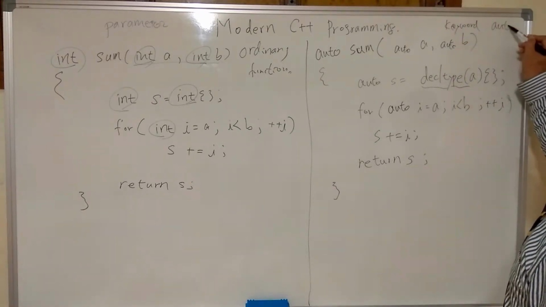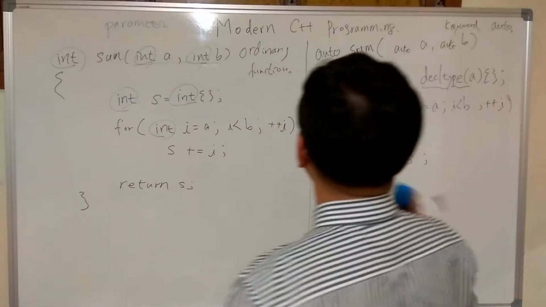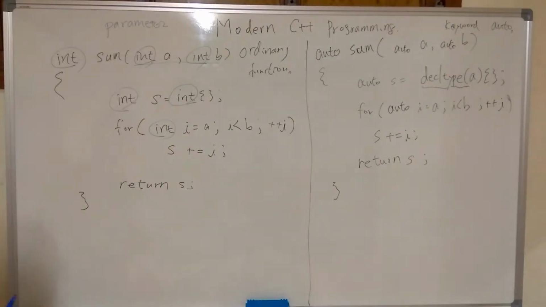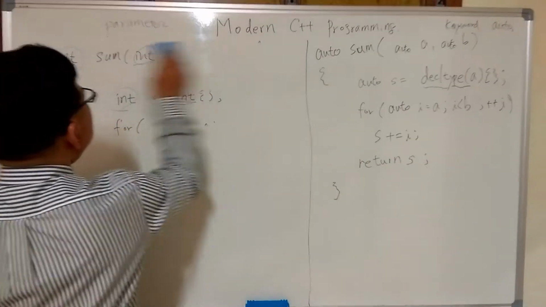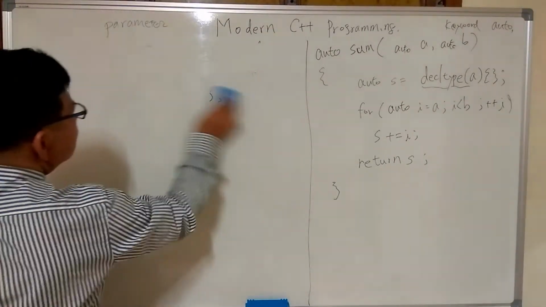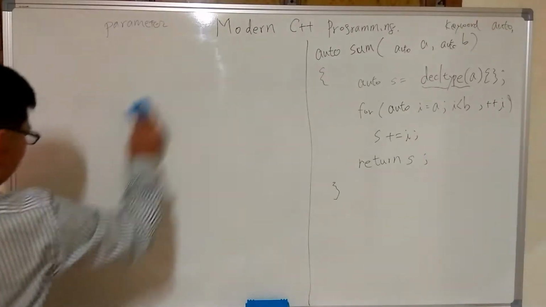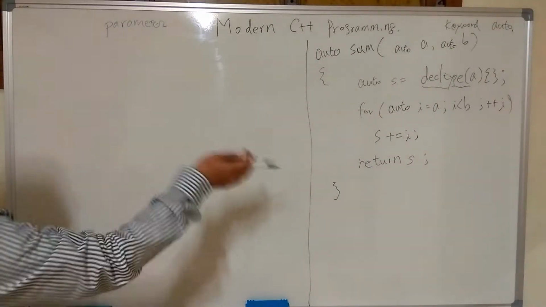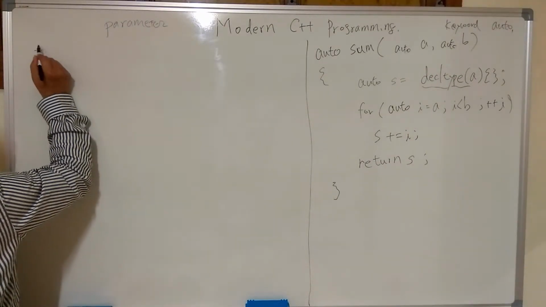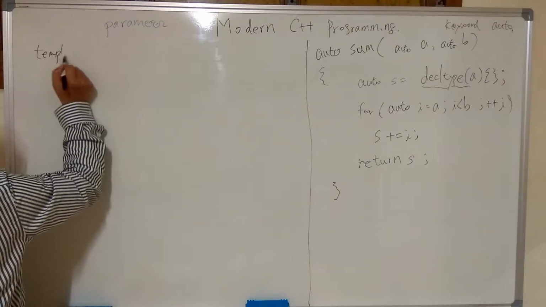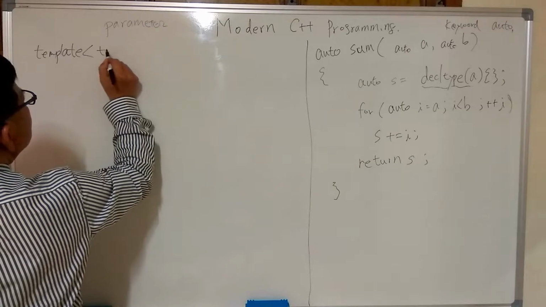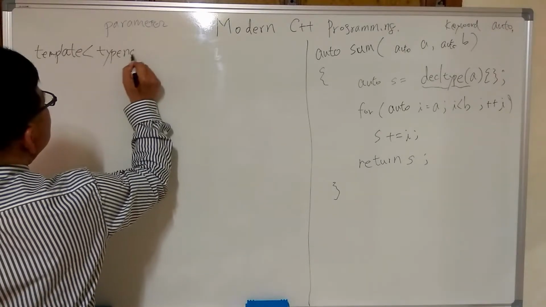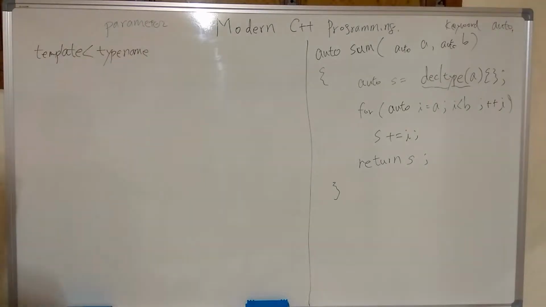Now I will create a template function. If we translate, we do like this: template, here typename. Typename is actually a keyword. Template is also a keyword.